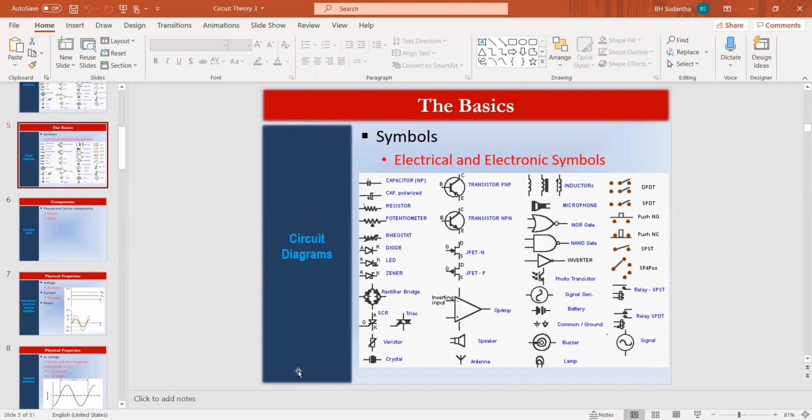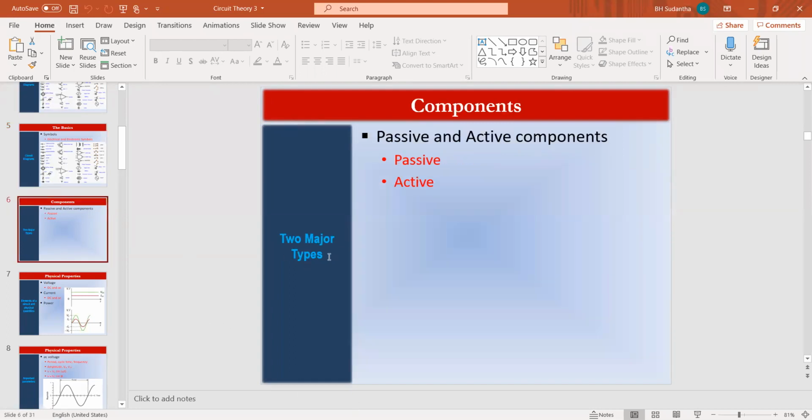Okay. Then again, when we talk about the circuits, we can divide these components into two groups: active components and passive components. And we are using the circuit symbol to do this. What do you think about those passive and active components?